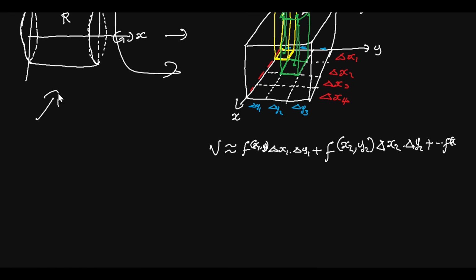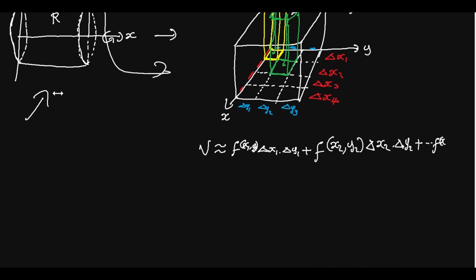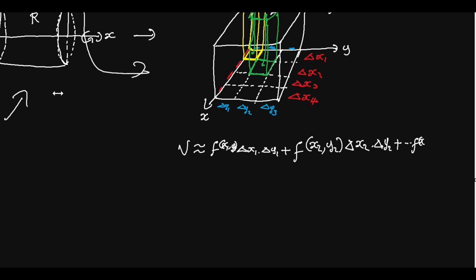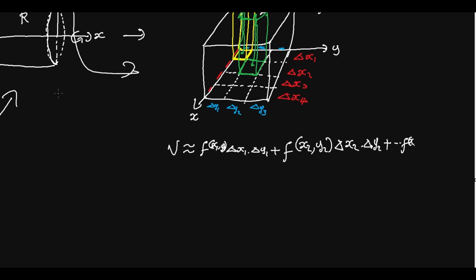Let me try to make some space on this side here. Okay, so it's up to, say, f of xi, yj. Let me use i's and j's, and then it will be delta xi times delta yj, right?